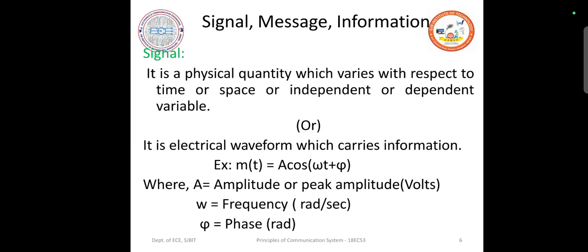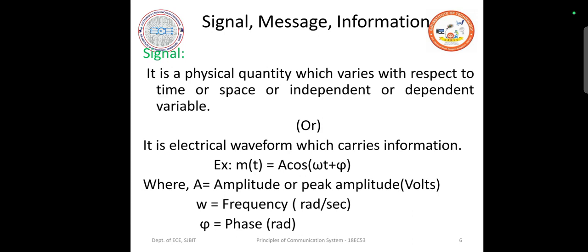For example, if you consider m of t, considering m of t to be a message signal, it can be represented as A cos(omega t plus phi), where A is the amplitude or peak amplitude, and omega is the frequency normally represented in radians per second, and phi is the phase angle, which is again a problem in our communication. Whenever there is a phase getting inserted to the actual signal, there occurs a lot of problem.